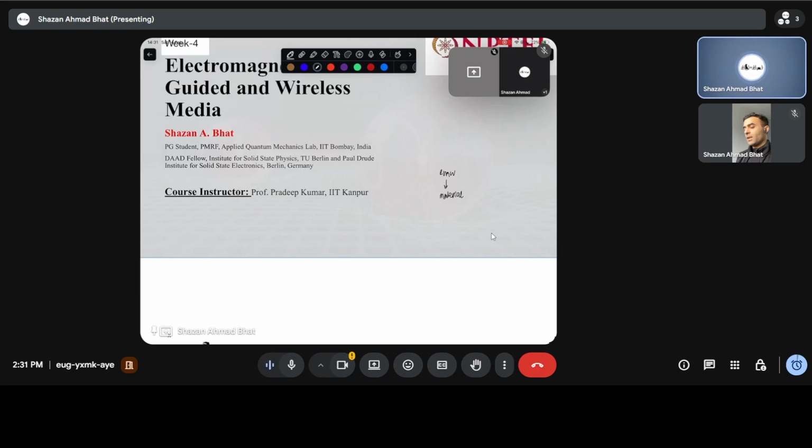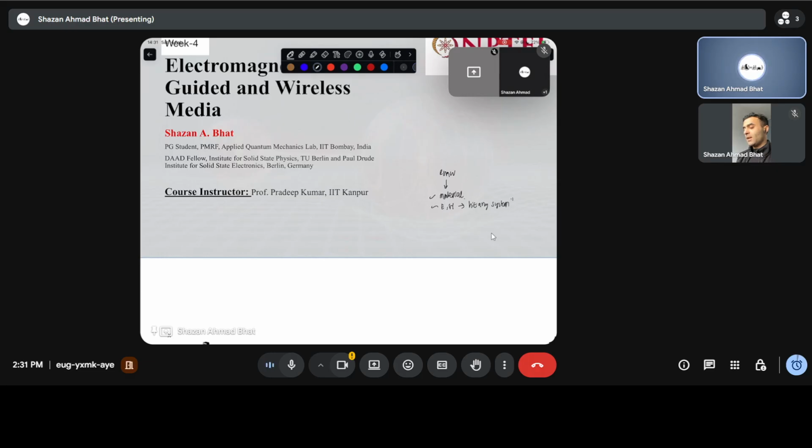We are going to talk about the electric field component, the magnetic field component, and how those components behave as they hit any system.